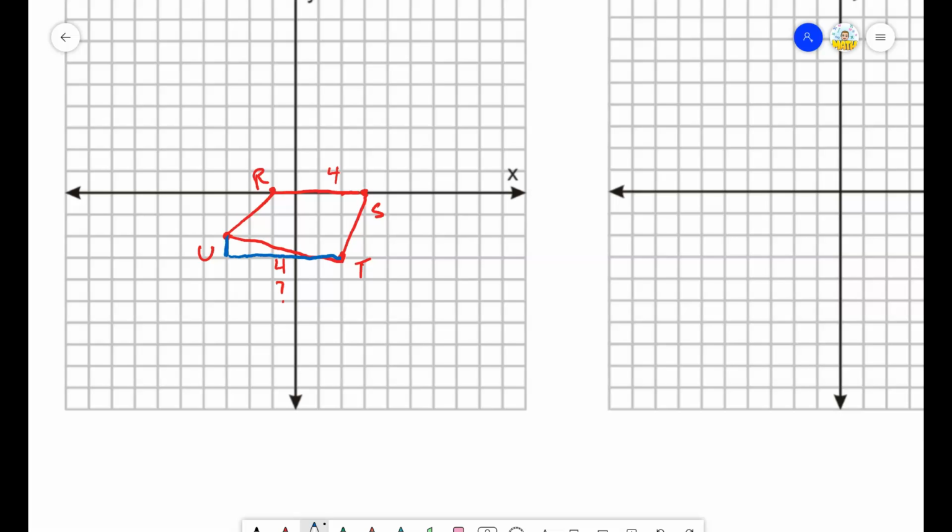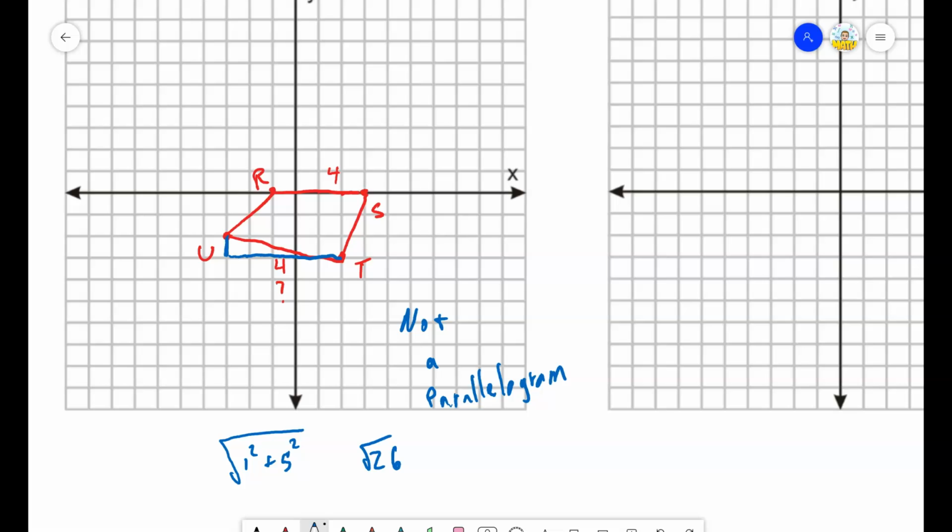So this is going to be 1 squared plus 5 squared, and we would take the square root of that. So this is going to be the square root of 26, which obviously is not 4. So we can say this is not a parallelogram. And I don't need to verify the other opposite sides because I already know I have one pair that are not equal to each other.